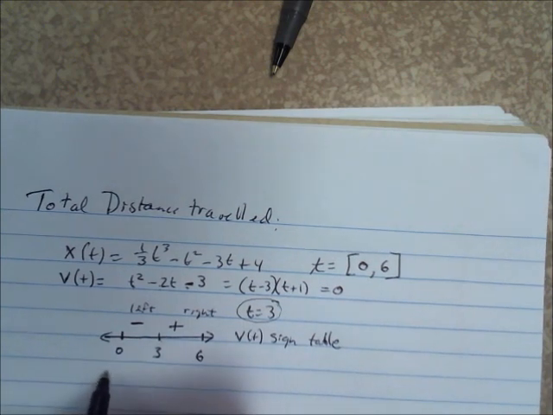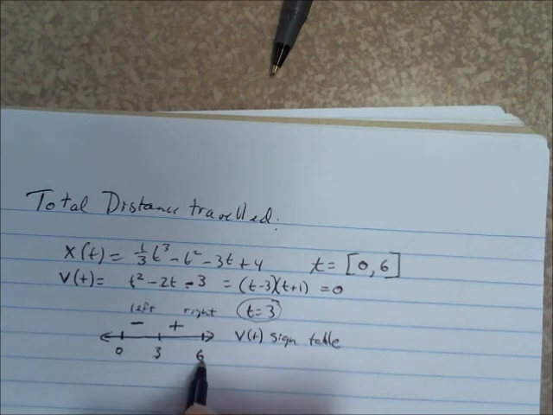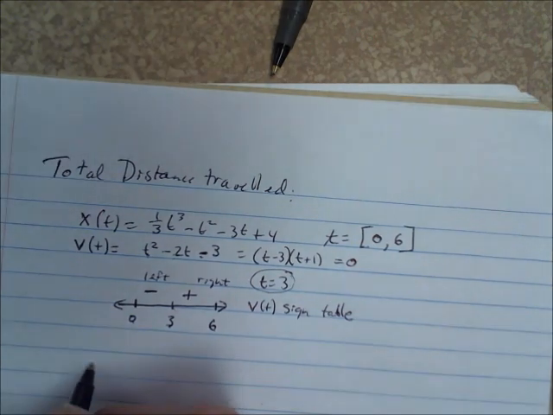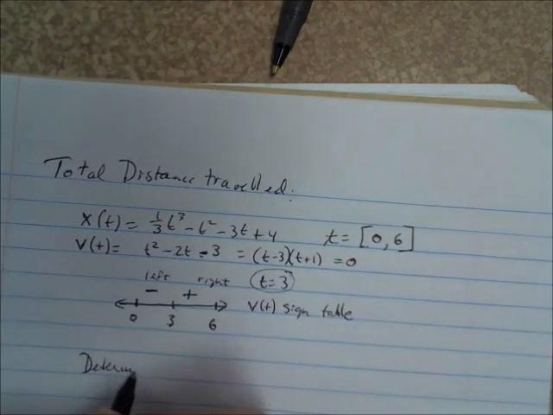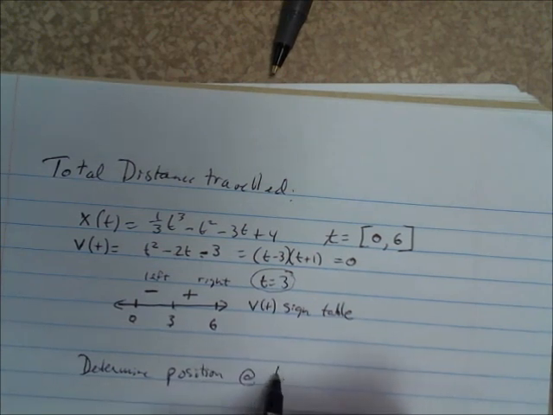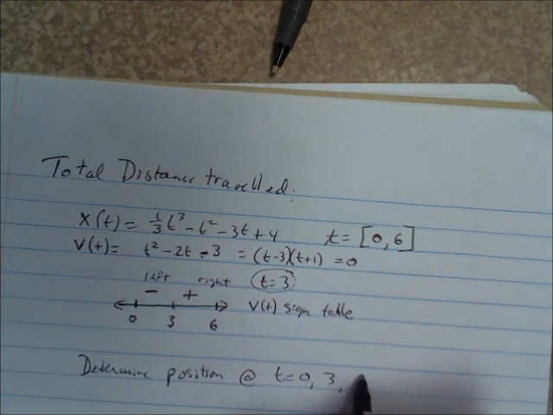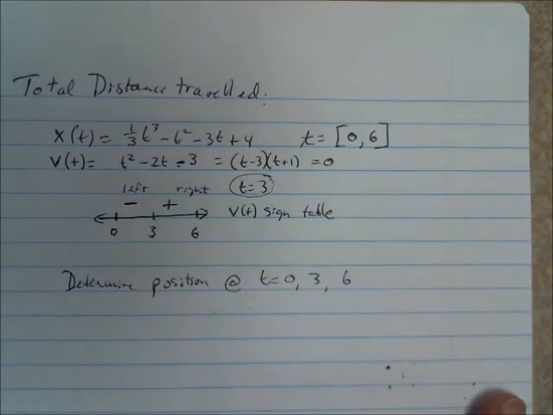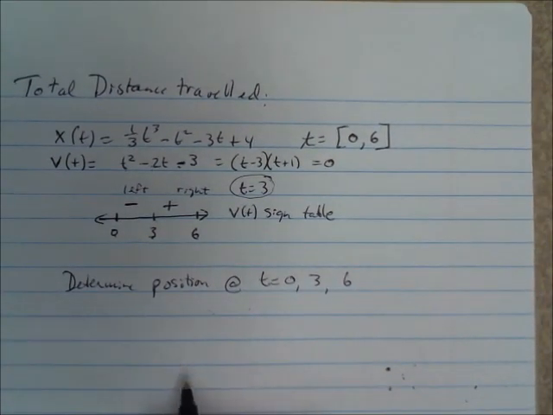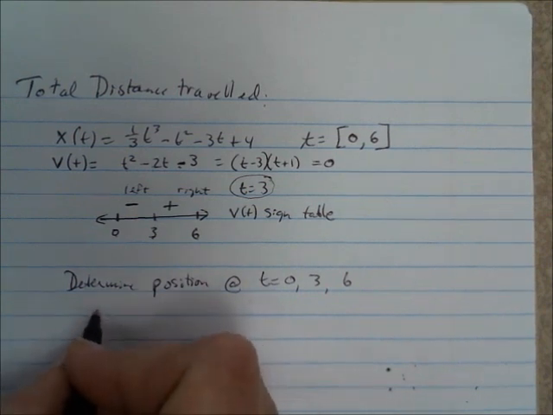Now let's find out what x of 0, x of 3, and x of 6 are, to figure out the position. Then we can put that on the x-axis and figure out how far this particle has moved.